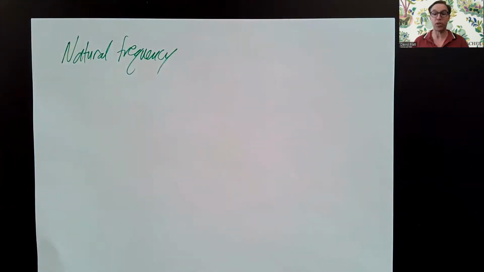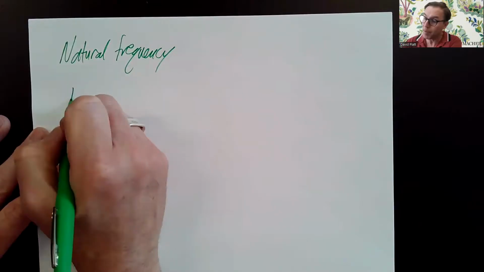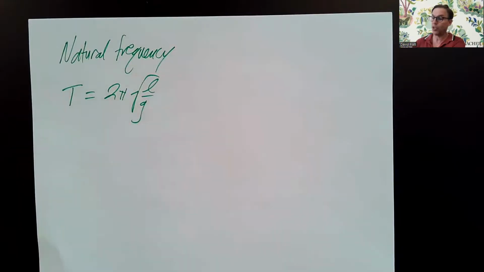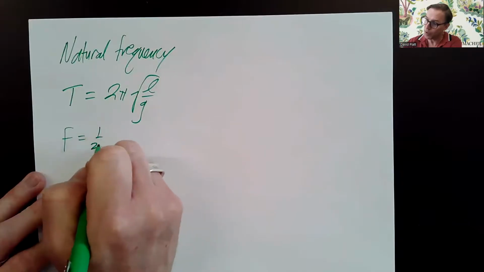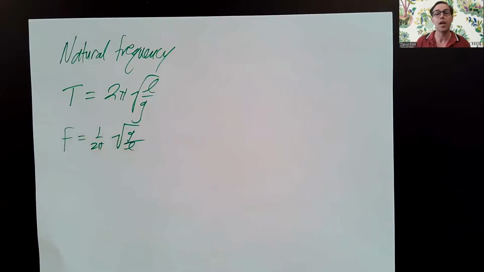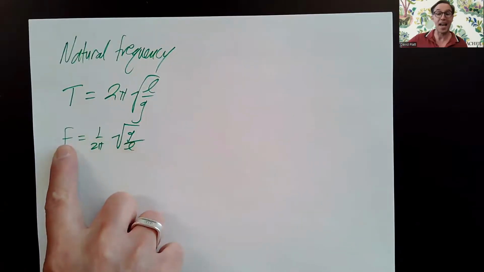Some things, when you set them in motion, vibrate at a given frequency. For example, we studied this in the last chapter. We said a pendulum has a period of 2 pi root L over g, which means its frequency, the reciprocal of the period, is 1 over 2 pi root g over L. In other words, every pendulum with length L has this frequency f.